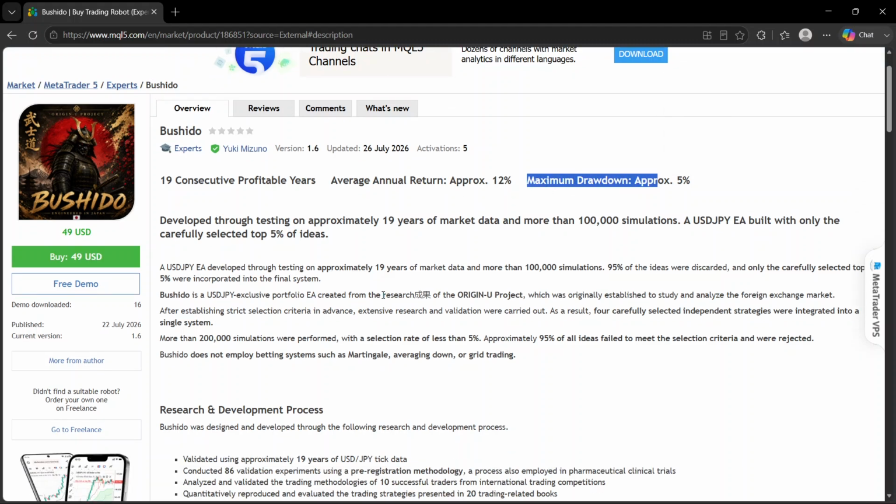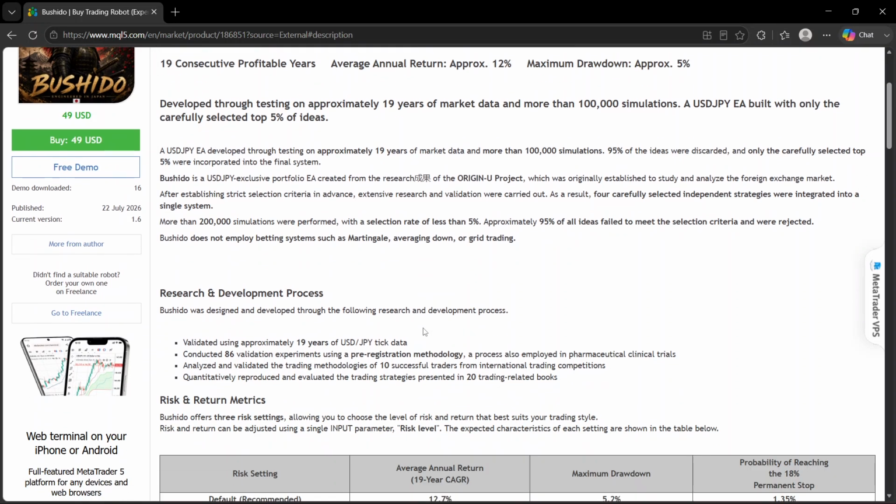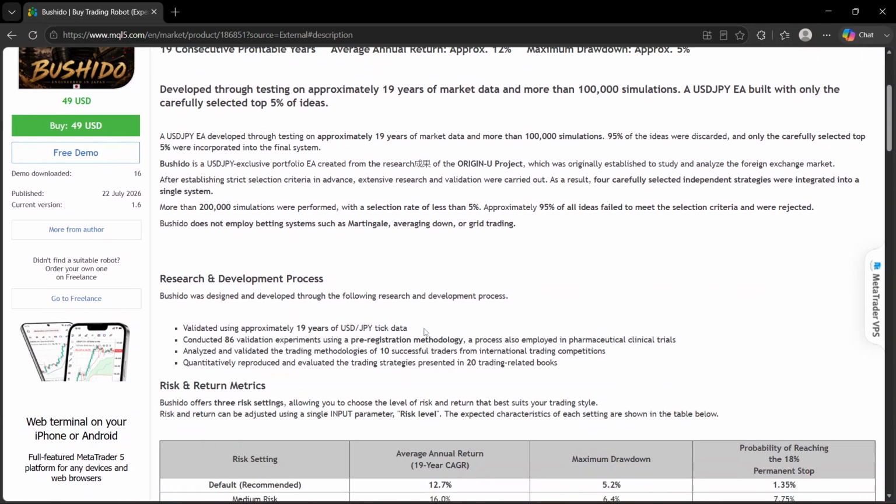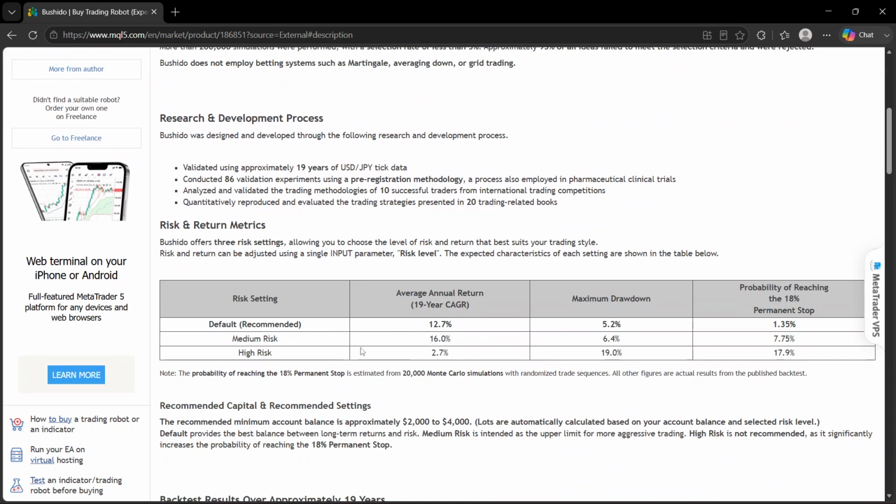They even ran 20,000 Monte Carlo simulations and say the chance of hitting the permanent 18% equity stop on default risk is only about 1.35%, not 1.85, as you can see here.